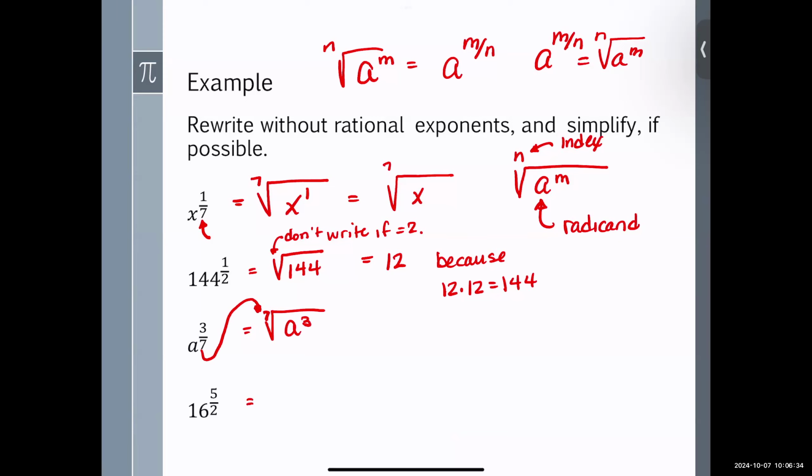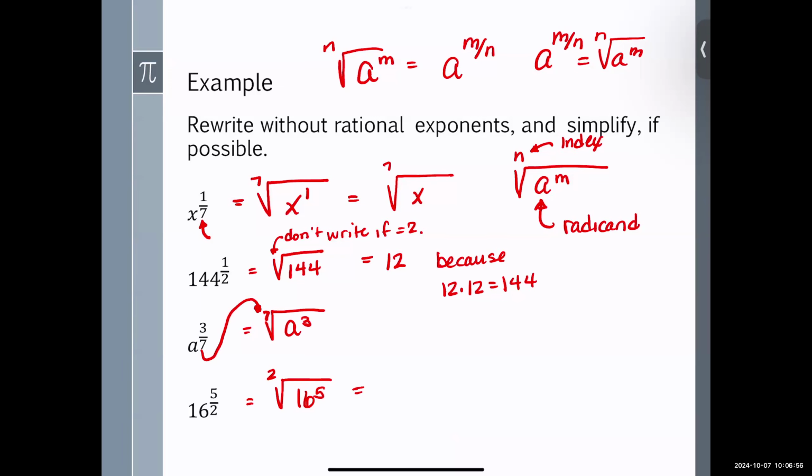How about 16 to the 5/2? Is that the square root, which I don't need to write, of 16 to the 5th? And that actually has a value.